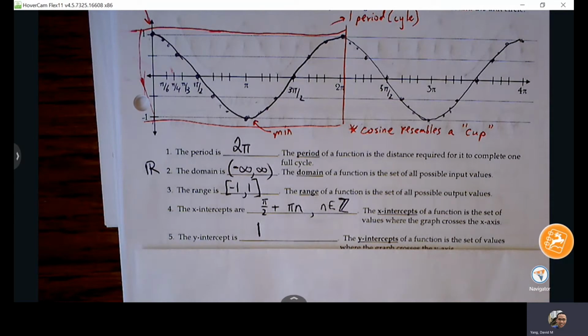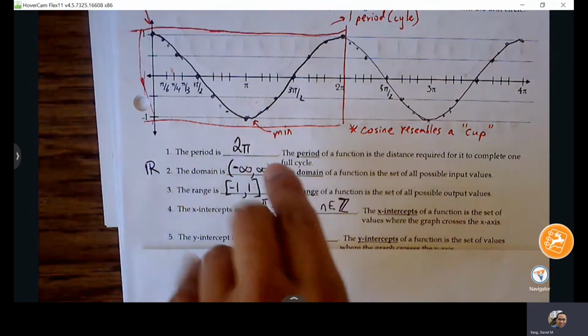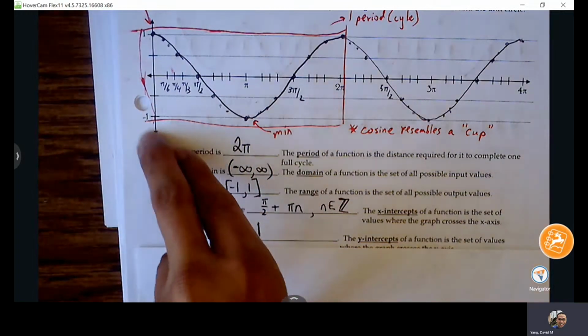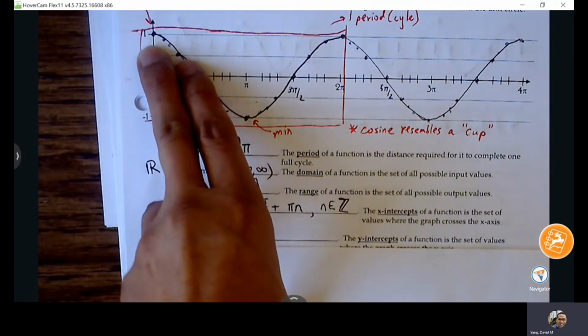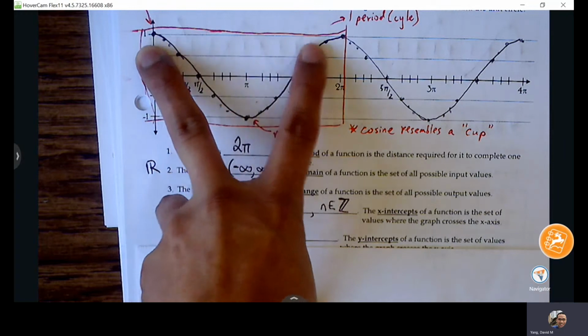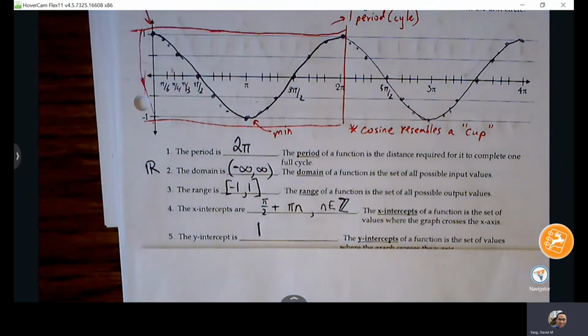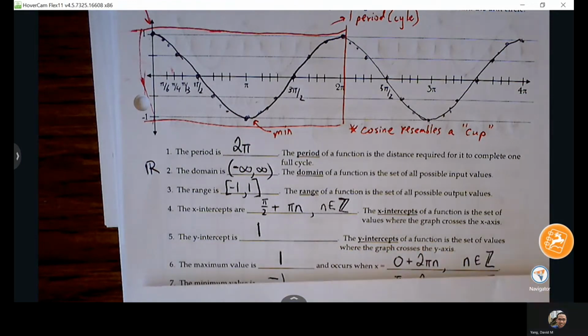Maximum value is 1. And where do you see the max value occurring? Yeah, starting at 0, right? So 0 plus 2 pi n. So starting at 0, we just keep moving 2 pi to the left or to the right. We're going to keep seeing all those max values reached.